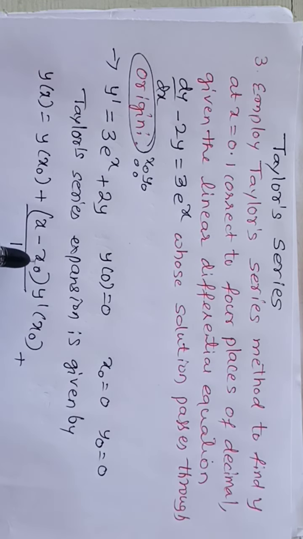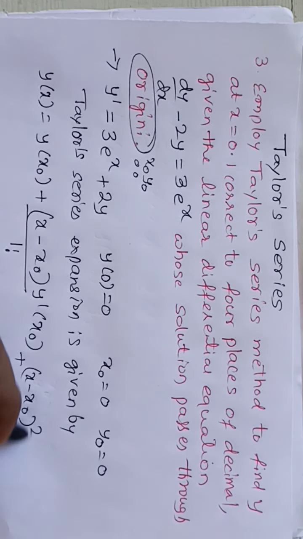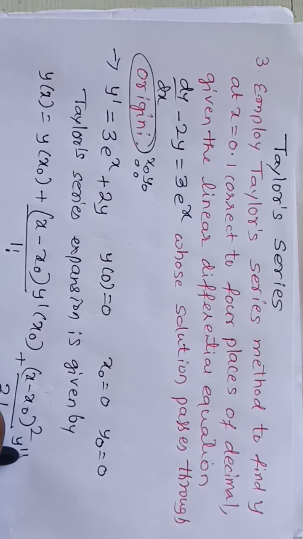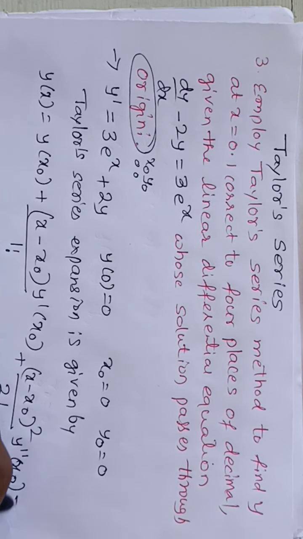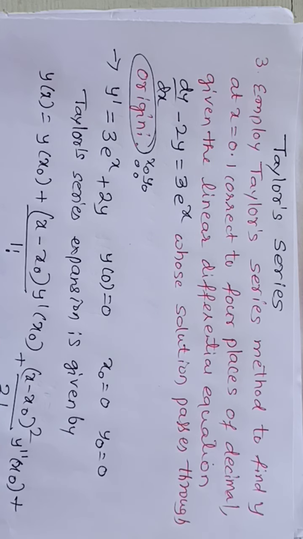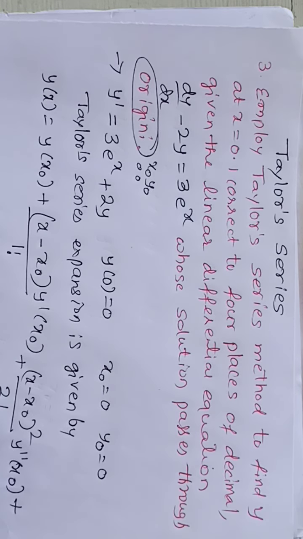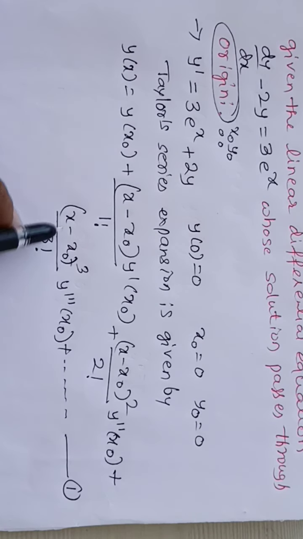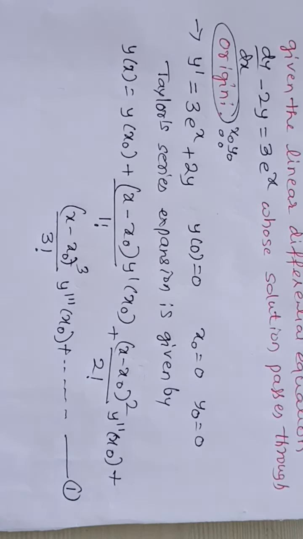Next, x minus x naught the whole square divided by 2 factorial, y double dash x naught, plus x minus x naught the whole cube divided by 3 factorial into y triple dash x naught plus so on. So this will be called equation number 1.